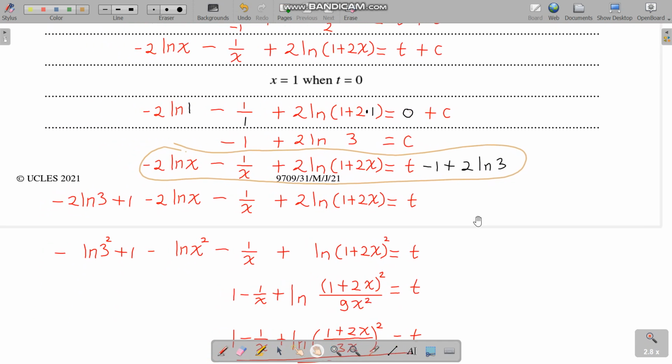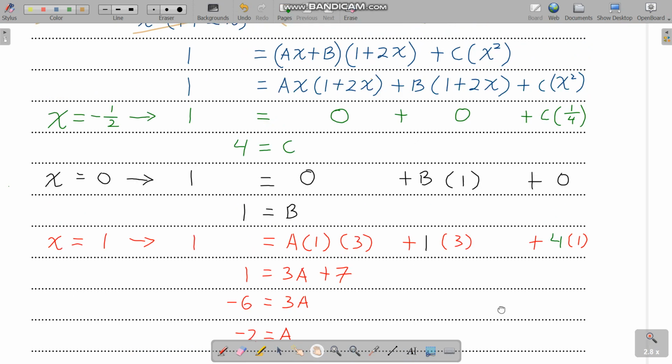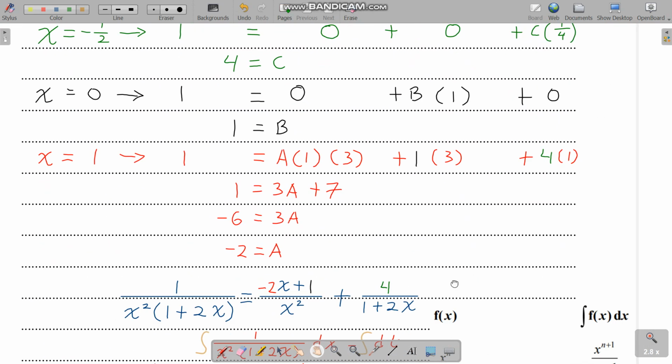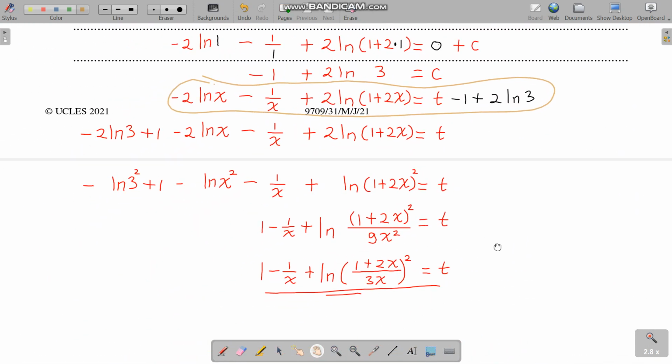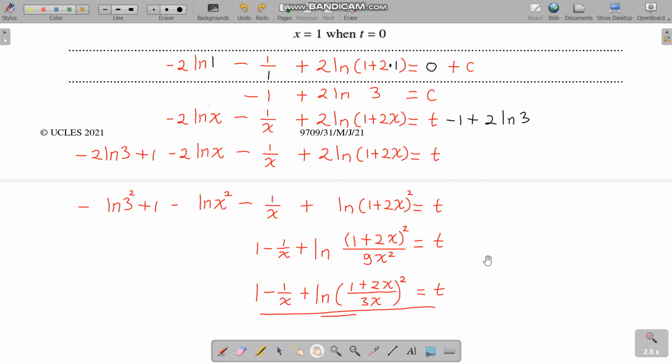Now, because we need to read the instruction here, t in terms of x, so since we need to make it t in terms of x, just move this to the left, or we add 1 to both sides, subtract 2 ln 3 from both sides, so we get this on the left.